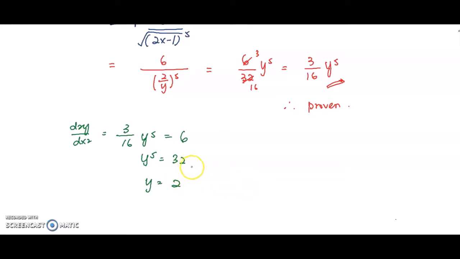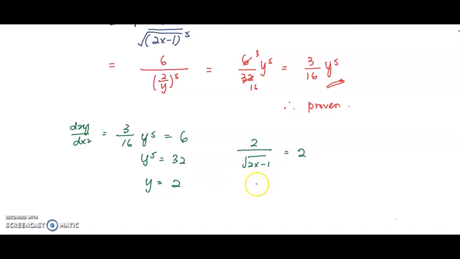So now the question is interested in the value of x when d²y/dx² equals 6. So what is your y? y is 2 over the square root of 2x minus 1, from the question. So I will equate it with 2.